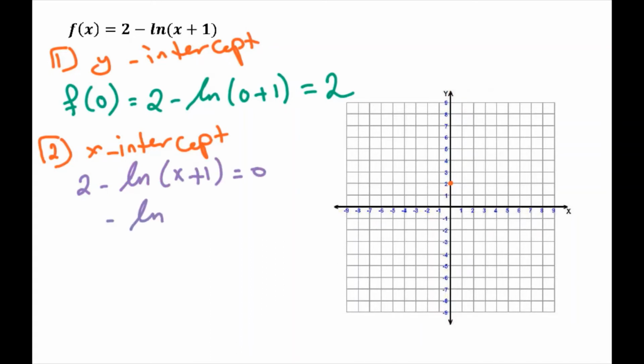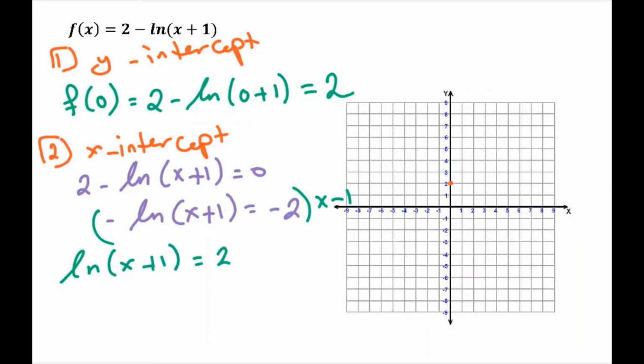So negative ln of x plus 1 equals 0 minus 2, which is negative 2. You multiply everything by negative 1 to rid out of the negative. And write it as an exponential, so x plus 1 equals e to the power of 2, x equals e to the power of 2 minus 1, and that's basically about 6.4. Okay, 6.4. Now we go, 6.4 is here.